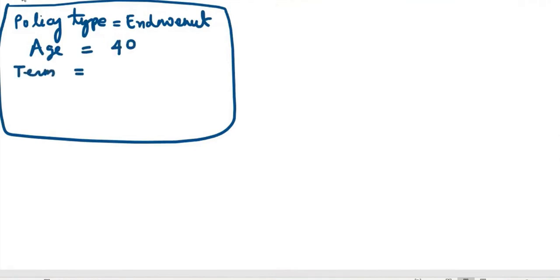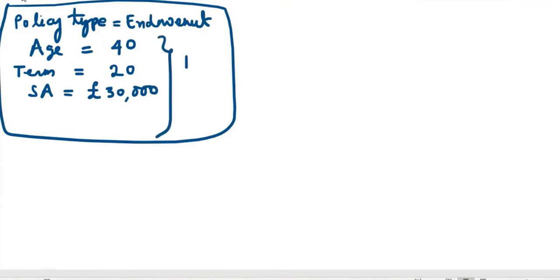Endowment means it's for a fixed term. Suppose 20. Sum assured we have to write the same, 30,000. And when the benefit is paid, that we have to write. Along with all this, we have to write the assumptions called basis: what table you are using, M92, and what interest rate.